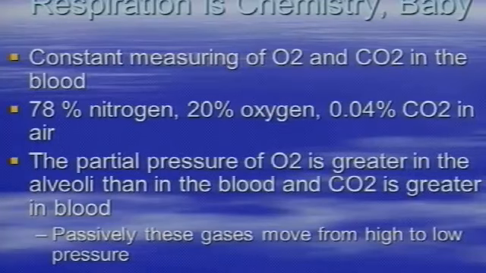We don't have active mechanisms on the membranes between the alveoli and the capillaries. It's a passive diffusion, and oxygen will passively move from the alveoli into the bloodstream. Carbon dioxide, being at a higher concentration in the blood, is going to move from the capillaries into the alveoli to be expired. Are you with me? Okay.